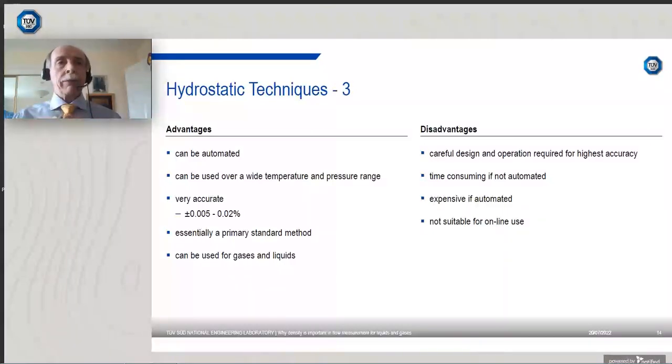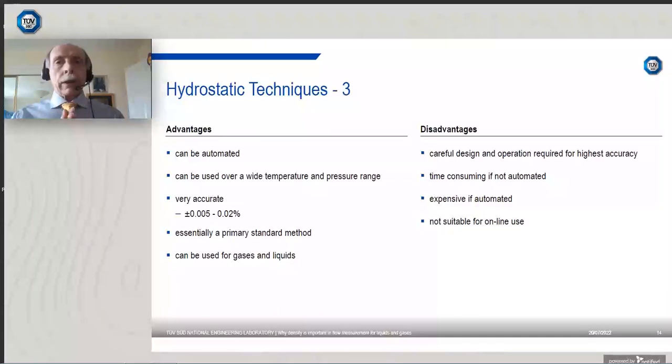And they can be very, very accurate, 0.005% or possibly even better, in fact, routinely 0.02%, because they're essentially a primary standard method. As I mentioned, it's almost as close as you can get to the basic definition. And they can be used for liquids and gases. Designs have to be different. There are different considerations because gas densities are lower, but the principle can be used for both.